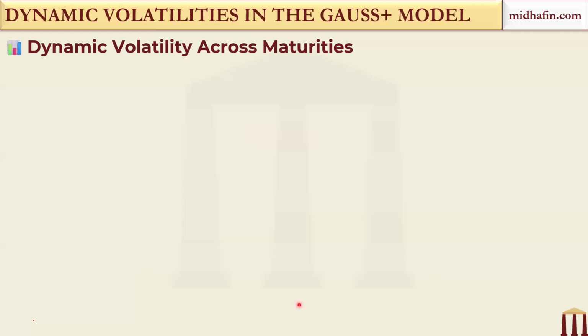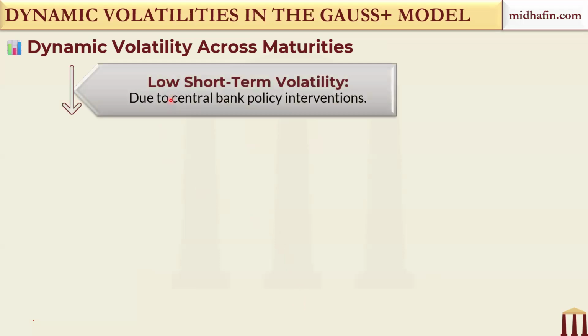Now, this one is a major upgrade, I'll say, in the Gauss plus model. Dynamic volatility across maturities. So a big win. The ability to account for changing volatility across different maturities. Because in real world markets, the short term rates tend to have low volatility because central banks actively stabilize them through policy interventions.